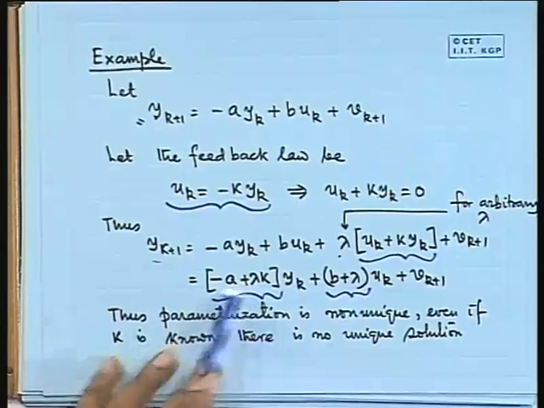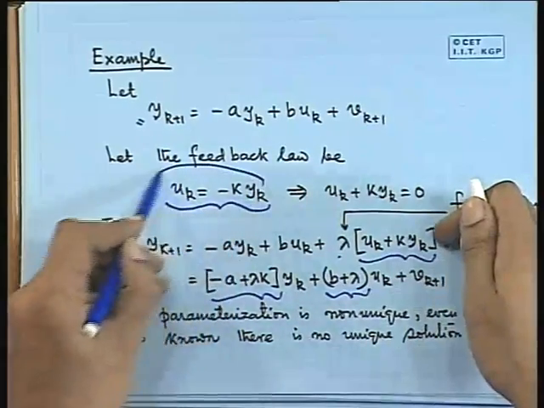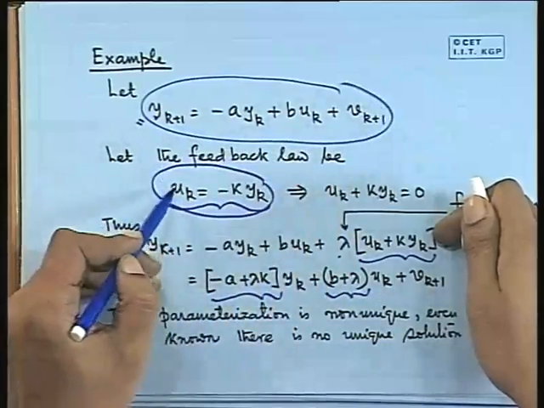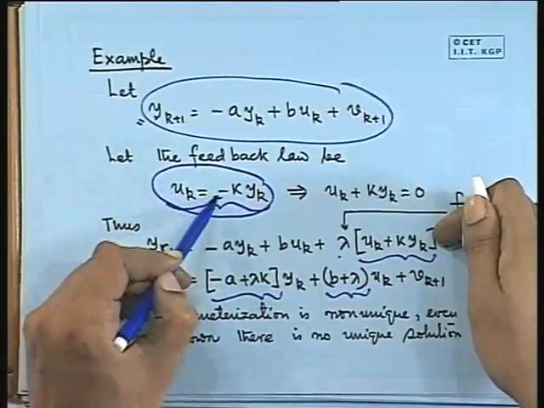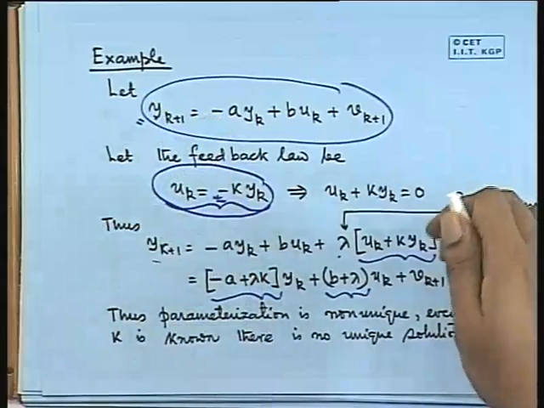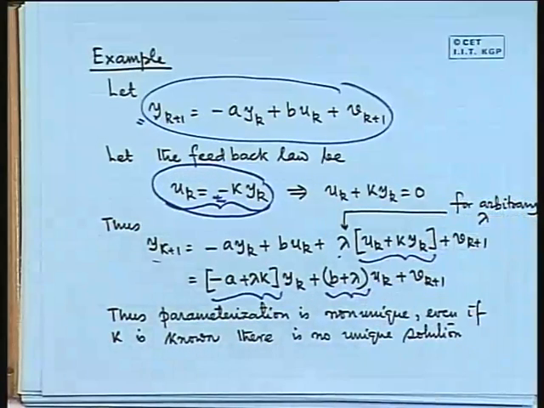Because this law is actually simpler than this law. So the data simultaneously satisfies this also, but you are trying to identify the data using a higher order model. You have taken data which actually satisfies a simpler model, but you are trying to identify it using a higher order model. That is the reason.